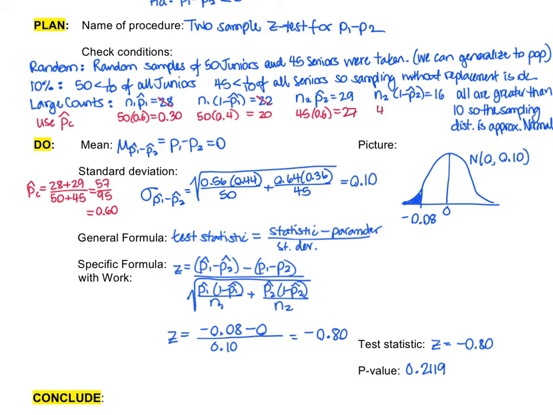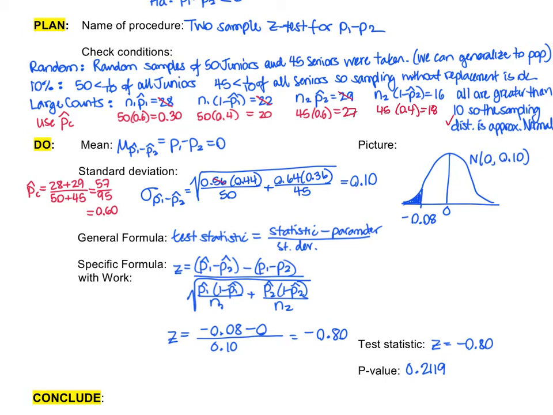And 45 times 0.4 is going to give us 18. All of those are still greater than 10, so we can still say the sampling distribution is approximately normal, but we need to replace these values in our standard deviation calculation.